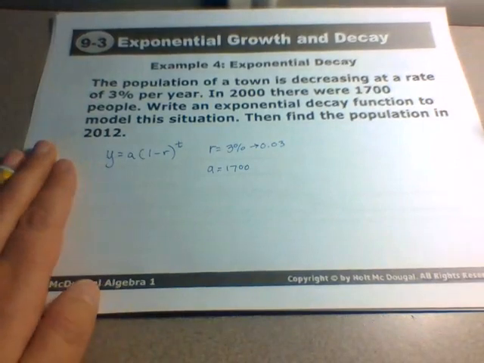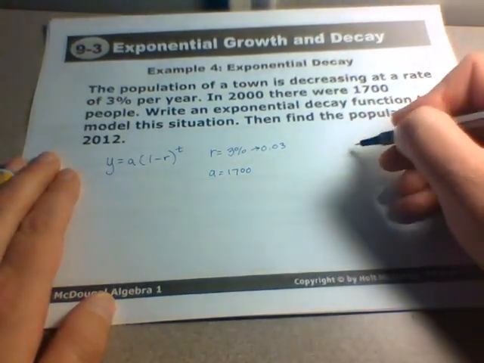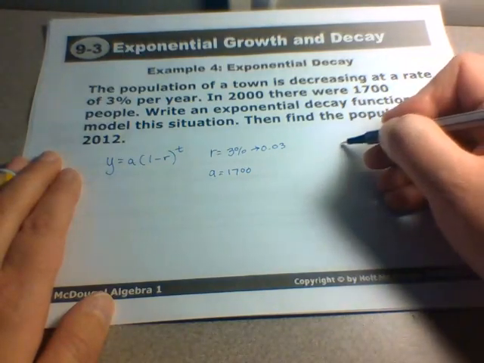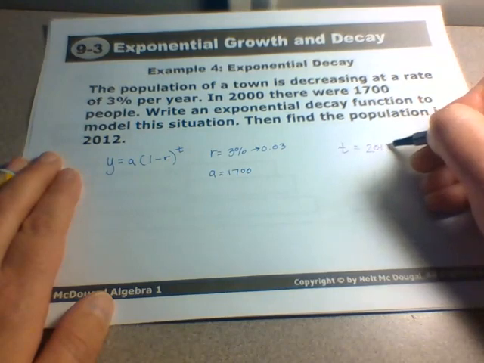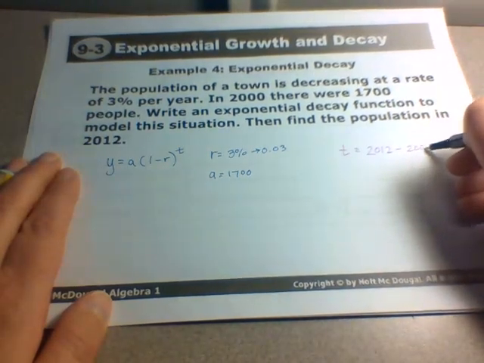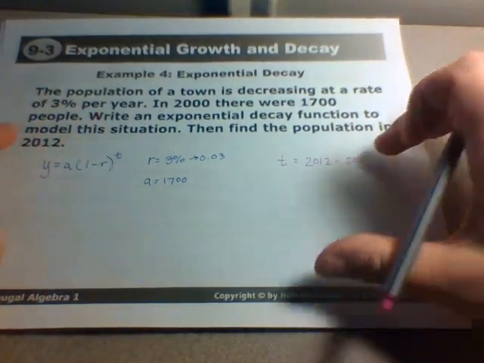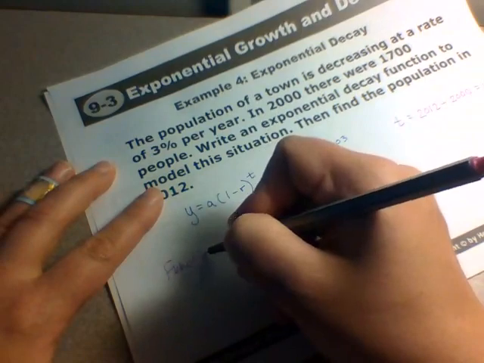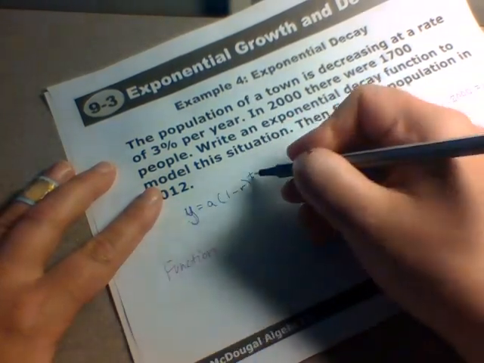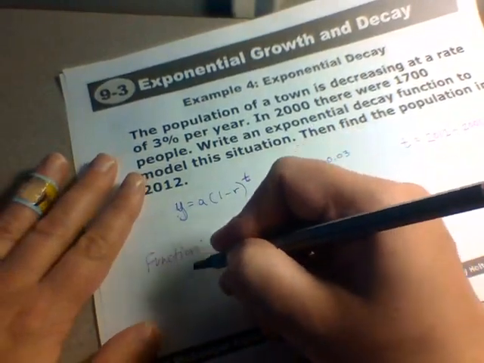And we need to write an exponential decay function to model what happens in 2012. So remember that eventually we'll be plugging in a t value of whatever 2012 minus the year 2000 when this equation started. So we'll plug in a t of 12. But to get our function, we're going to keep the y and we're going to keep the t, because those are the two independent and dependent variables.